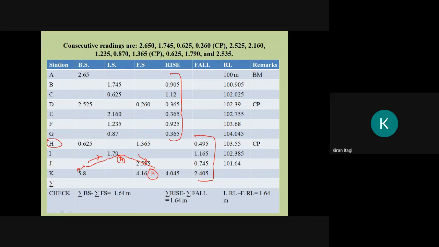Okay, anybody having doubt here? Anybody having doubt?